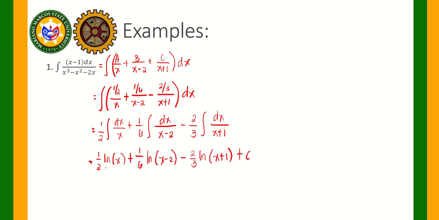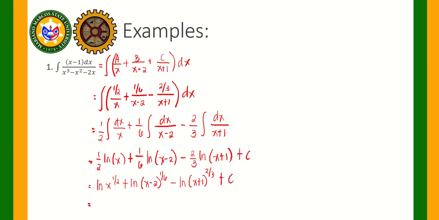Now, apply natin yung rules of natural logarithm. So, we have, pagsamahin natin to muna. So, this is equal to 1 half, hindi. Gawin nating exponent to, ilagay natin dito. So, this is equal to ln x raised to 1 half plus ln x minus 2 raised to 1 over 6 minus ln x plus 1 raised to 2 over 3 and then plus c.